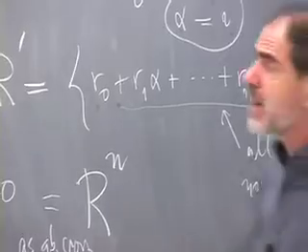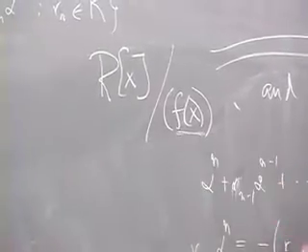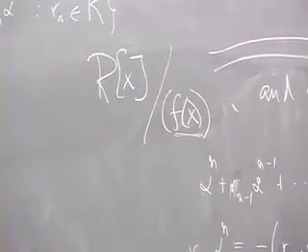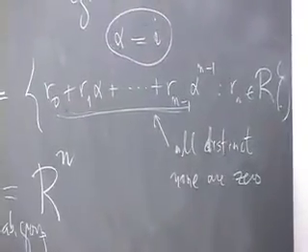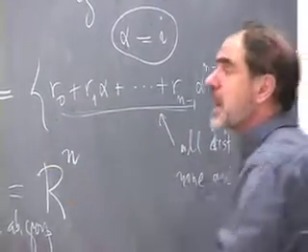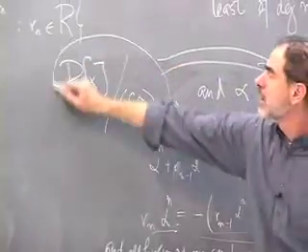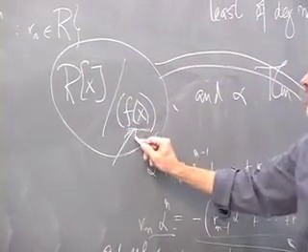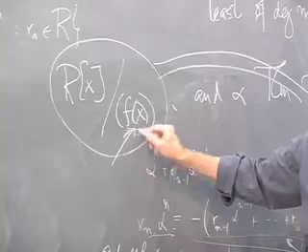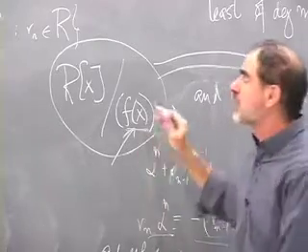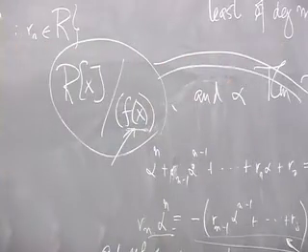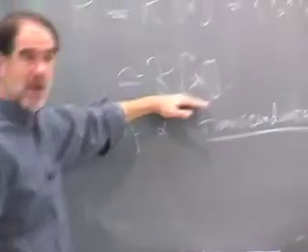So every coset of division by f of x would be uniquely represented by a polynomial of degree less than n. And so the ring that you got by adjoining alpha to R would be isomorphic to this quotient ring, where this is the monic polynomial of least degree it satisfies. And if it doesn't satisfy a polynomial of any degree, then you get a very much bigger ring, R of x.